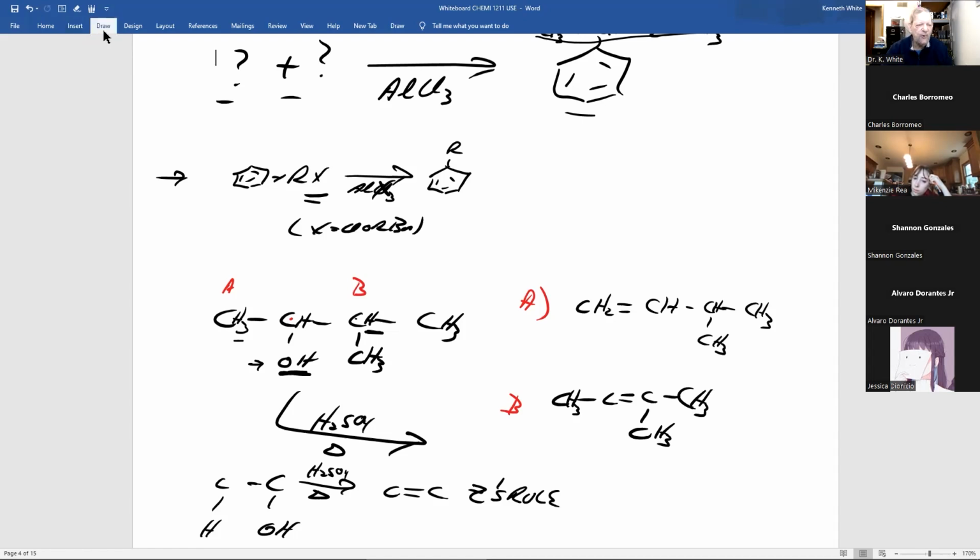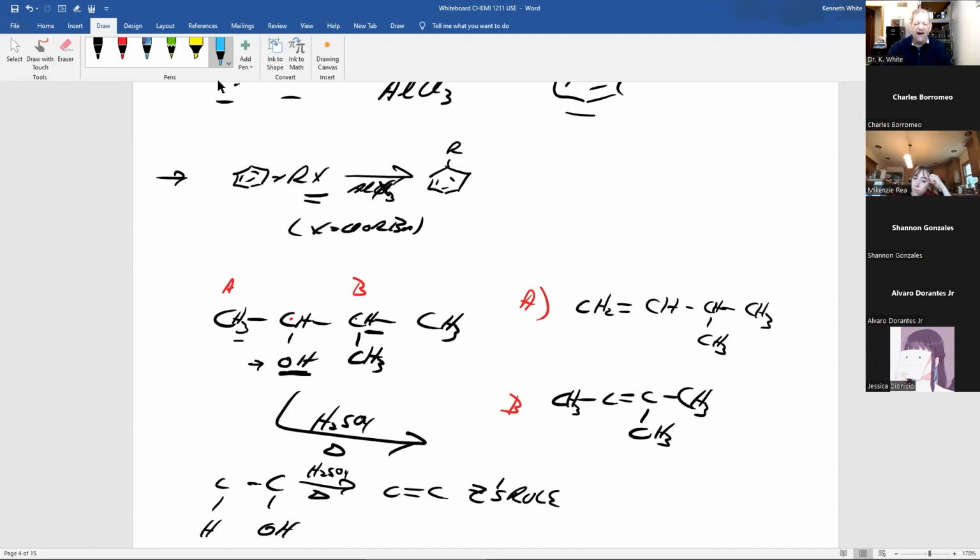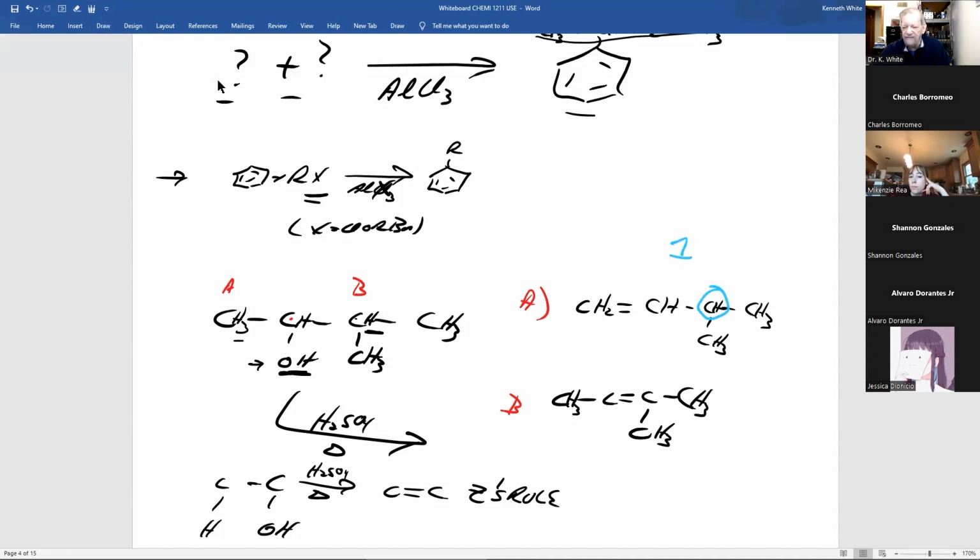Now, Zaitsev's rule says the product you get, and I've modified it, in the real rule it's the major and minor. For my class, I made it easier for you. It's the only one. You count the number of carbons bonded to the carbons of the double bond. This one is 1.